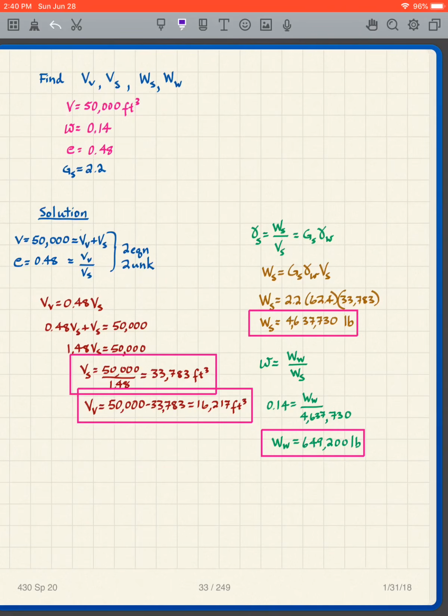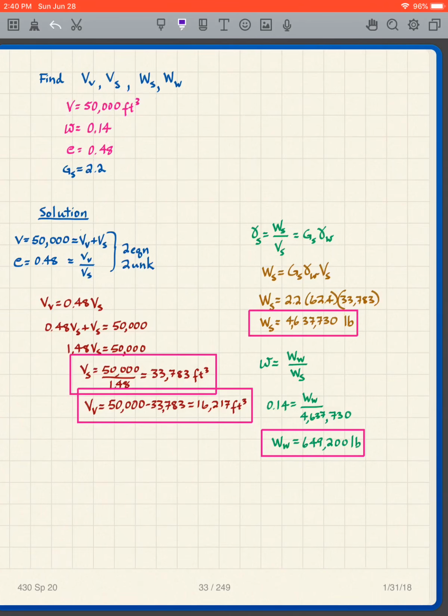Second thing we notice is that I've been given the volume and the void ratio. What should trigger in your mind? If I'm given both the void ratio and the volume, then I have two equations, two unknowns. So let's start there. Start with the obvious.